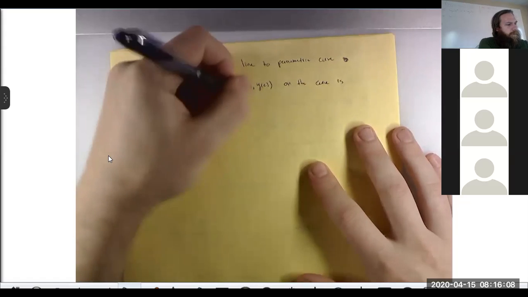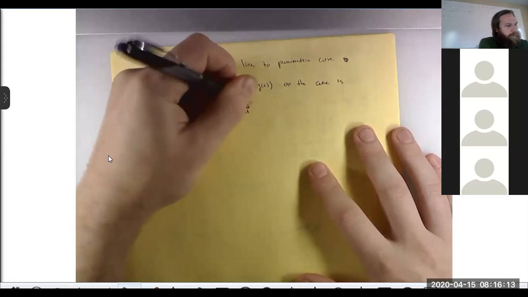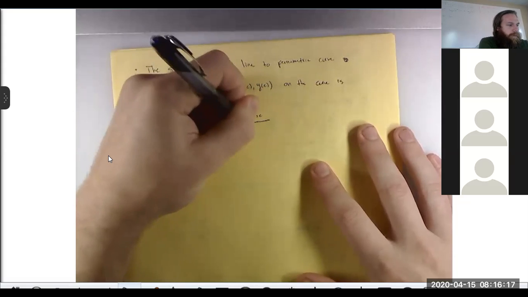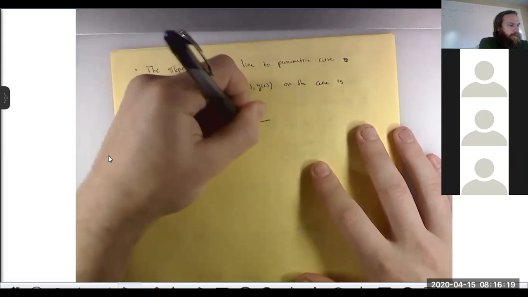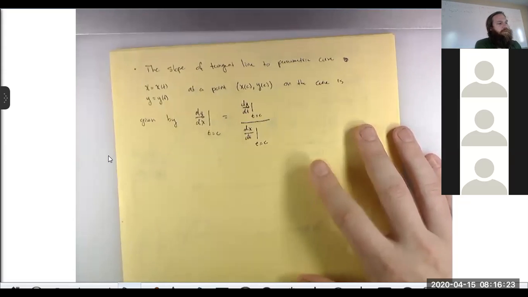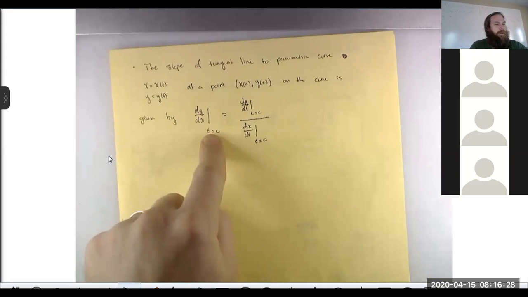I'll write it out here and then I'll give you the special notation. It's dy/dt evaluated at c divided by dx/dt evaluated at c. But this notation is so cumbersome, right? This notation for here's the derivative evaluated at this point.